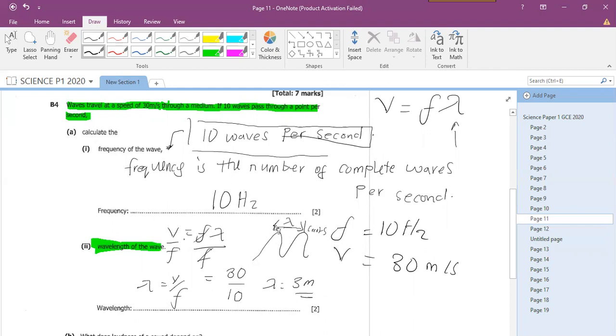We used this equation: velocity is equal to frequency times wavelength, denoted by the symbol lambda. Therefore, if we make wavelength the subject of the formula, wavelength is velocity over frequency, which is 30 divided by 10, which is 3 meters.